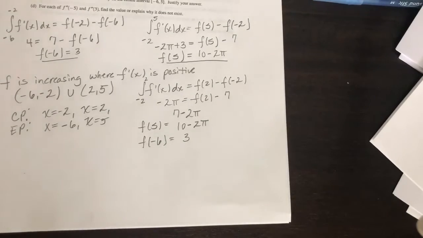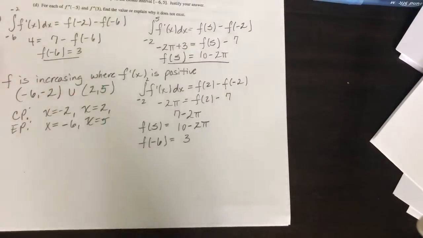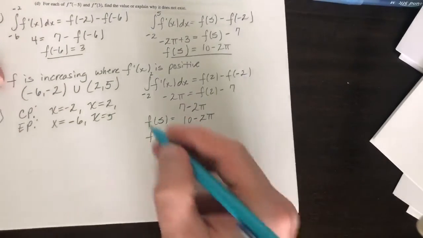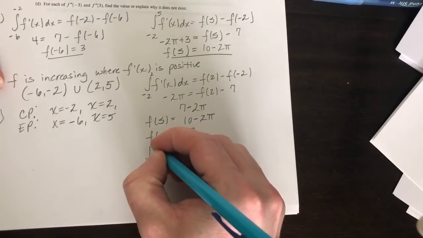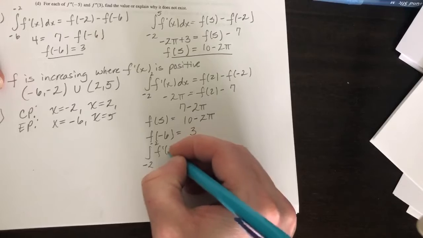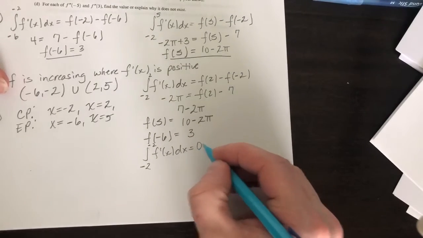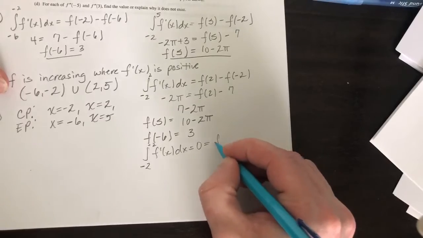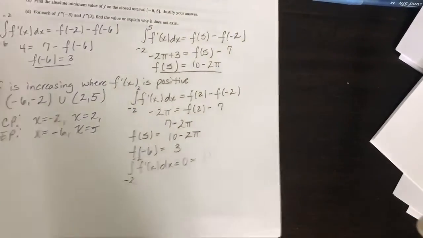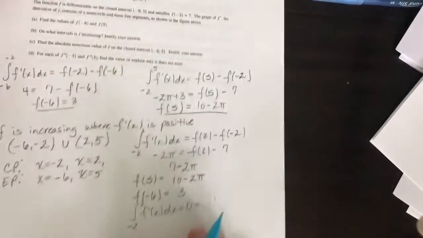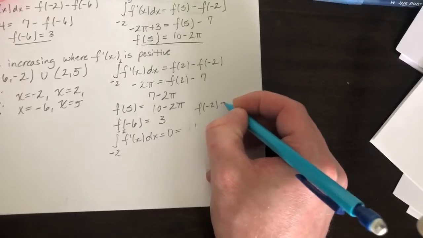If you want to consider negative 2, the integral from negative 2 to negative 2 of f prime of x dx is equal to 0. And we already have f of negative 2 is equal to 7 up here given to us. So f of negative 2 is equal to 7.